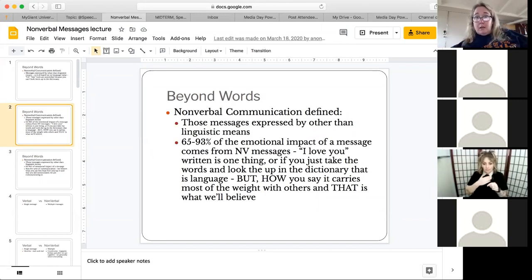On top of that, if I am looking at someone and giving direct eye contact to that person, that also might be seen as either a threat, depending on how they read nonverbal communication, or it may be seen as a positive. So if they put a lot of value on direct eye contact, they may look at it from the standpoint of, wow, I trust this person. They're looking at me.